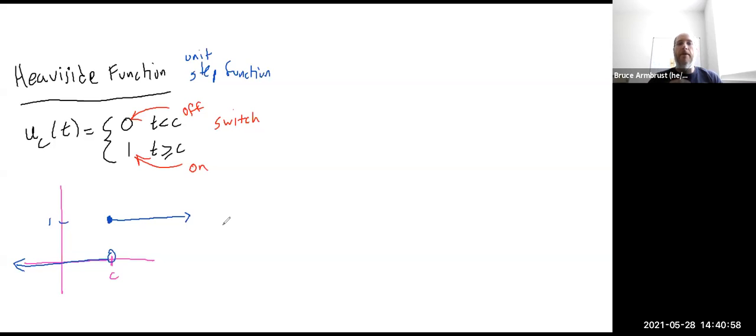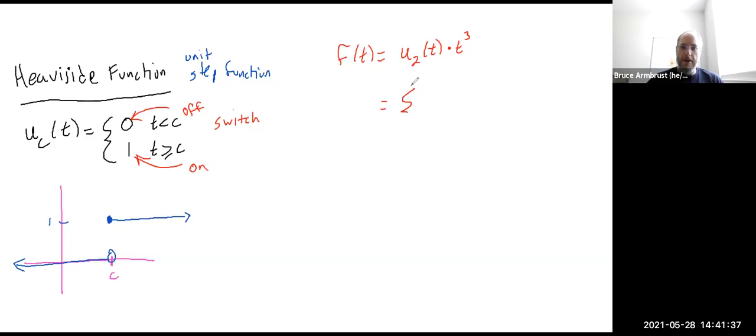Now, what this has to do with piecewise functions is this. Imagine I told you, here's a function: f of t equals u sub 2 of t times t cubed. So u sub 2 means c equals 2, which tells me this piece is 0 until we get to 2, and once we get to 2, it is equal to 1.